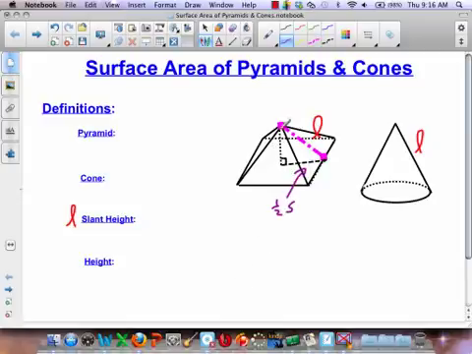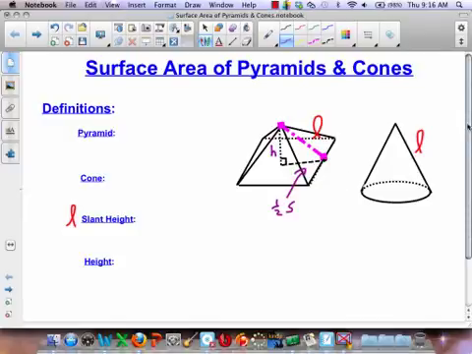And this right here is the actual height of the pyramid. So if you know your side length and the height of the pyramid, you can figure out the slant height using the Pythagorean theorem. That's one thing you might have to do tonight.